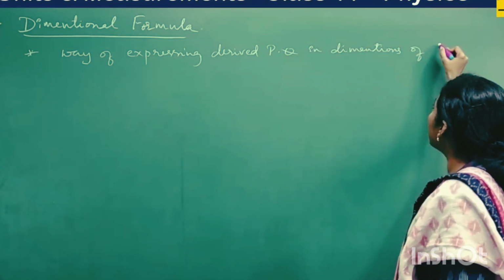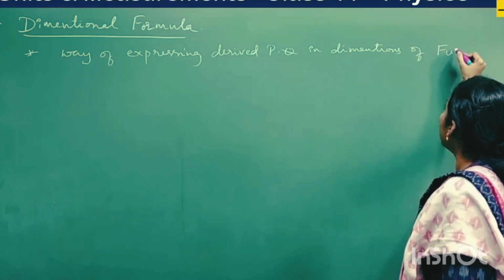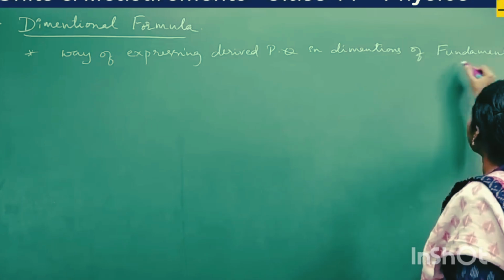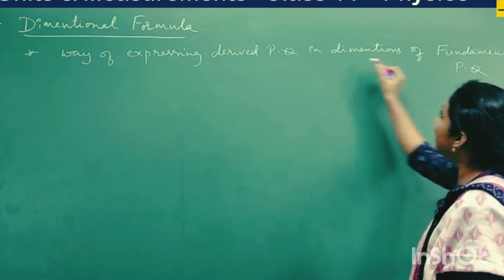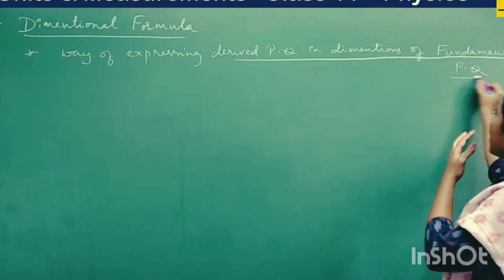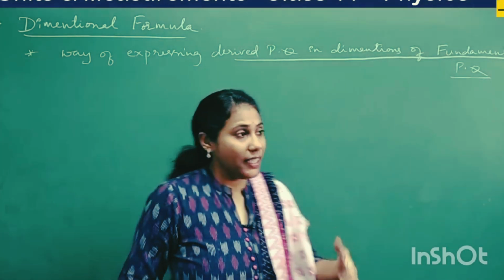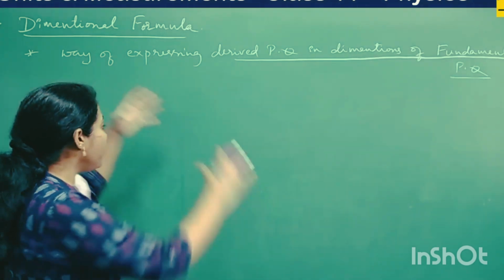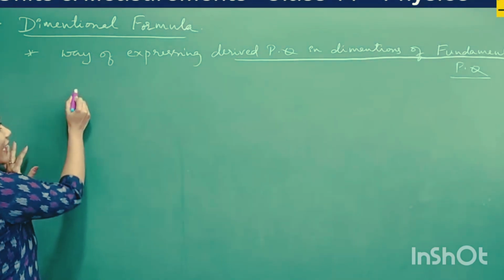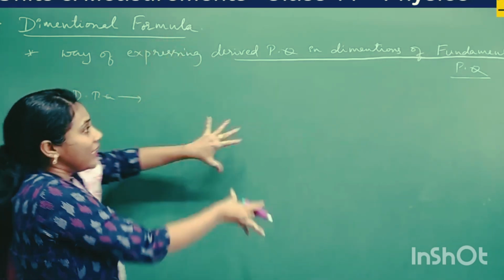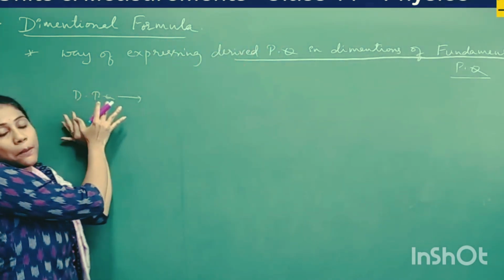of fundamental physical quantities. So what do you mean by expressing a derived physical quantity in the dimensions of fundamental physical quantities? It's a way of telling, if you have a particular derived physical quantity, which fundamental quantities it is made up of.